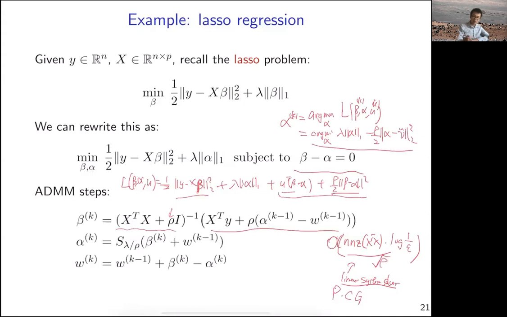And this can be solved using simple soft thresholding with the coefficients when you divide both sides by rho.